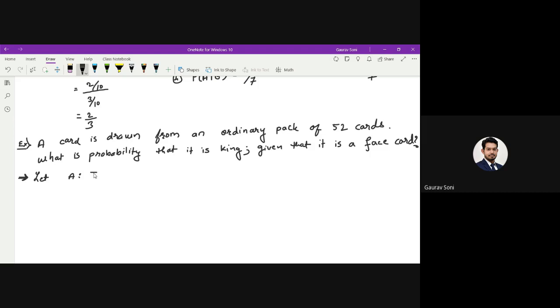So A is the event that the drawn card is king. The event B is that the card is a face card.